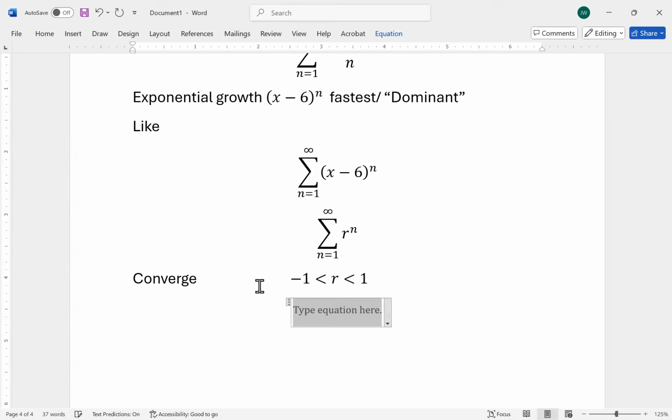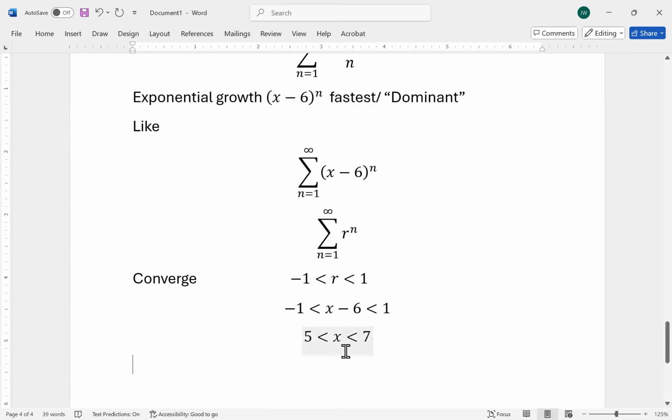And that means it's going to converge. What's my r here? Well, my r is x minus 6. So when x minus 6 is between -1 and 1, adding 6 to all three sides tells me that this series converges when x is between 5 and 7. So that is the interval of convergence.